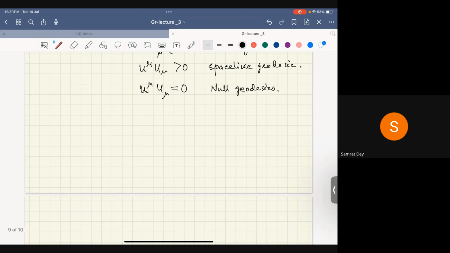Now I am going to prove another theorem which is very useful, and the statement of the theorem is as follows.